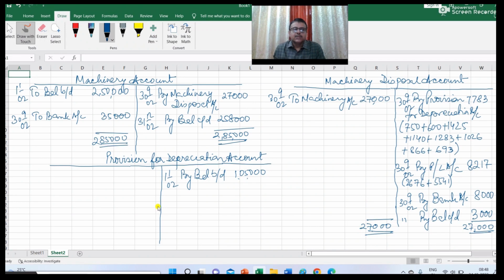Now you come to the provision for depreciation account. Now you have to transfer this balance of 7,783 to the provision for depreciation account. So I have to write it here as to machinery disposal account 7,783.